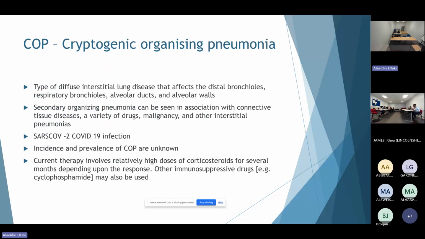Any patient with features of COP, you need to screen them also for connective tissue disorders and take a proper history, specifically of drugs and malignancy, and COVID pneumonitis might also be suspected when you see such a CT scan of COP. Treatment is usually a prolonged course of steroid. We start with a high dose and a slow tapering program.